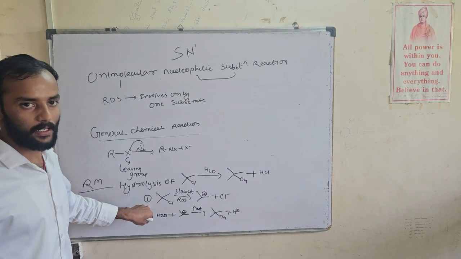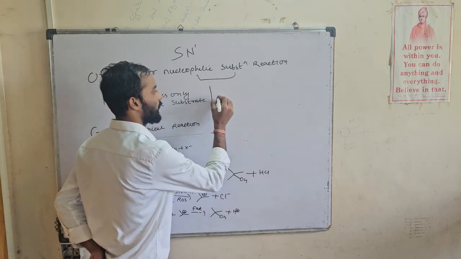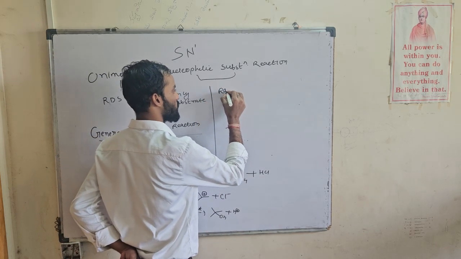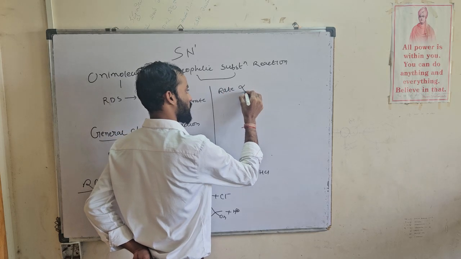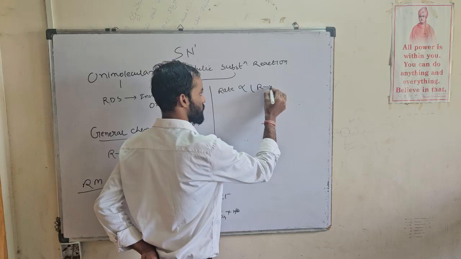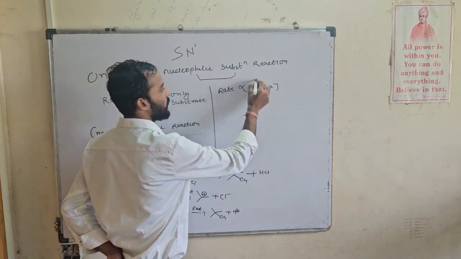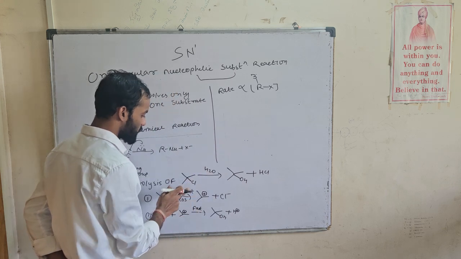By using the first step, that is the RDS step, we can write the rate law expression, which tells that rate is directly proportional to the concentration of substrate, that is RX, to the power 1. Here R is tertiary butyl and X is chloride.